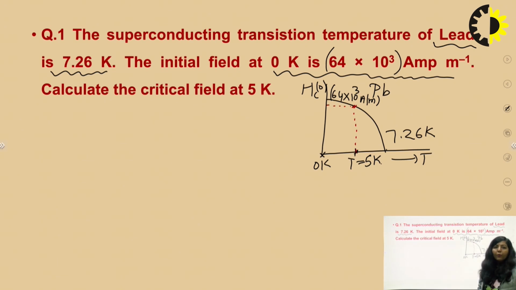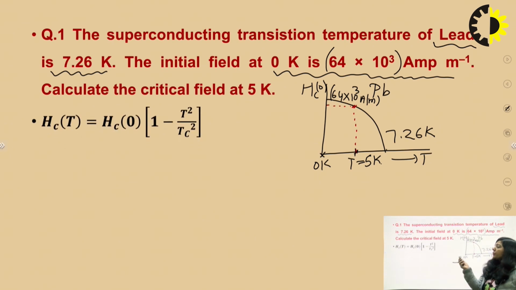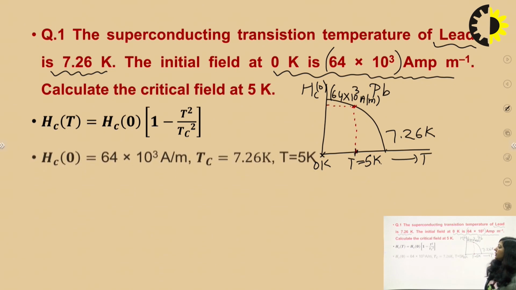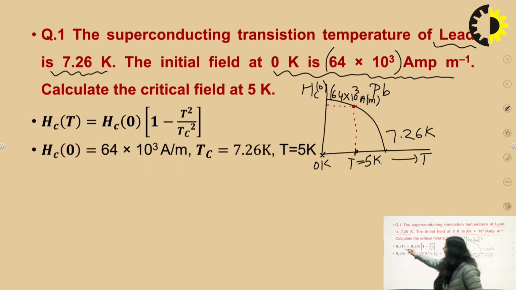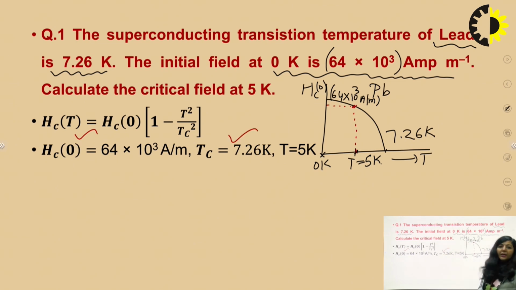So we know the expression for critical field in terms of temperature. This is the formula: critical field at temperature T is equal to Hc naught into 1 minus T square upon Tc square. First, try to identify what is given in the question, and write all the terms which are given. In this question, the critical field at 0 Kelvin is given, the critical temperature is also defined, and we have to find the critical field at 5 Kelvin.